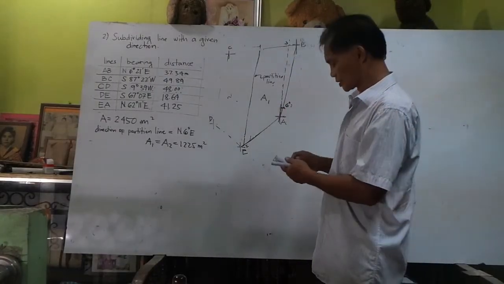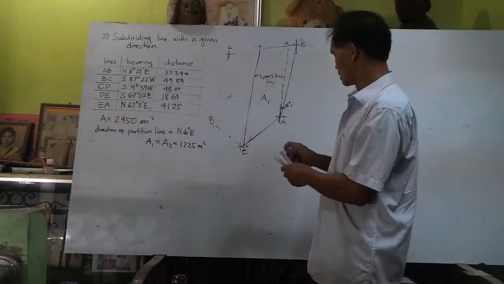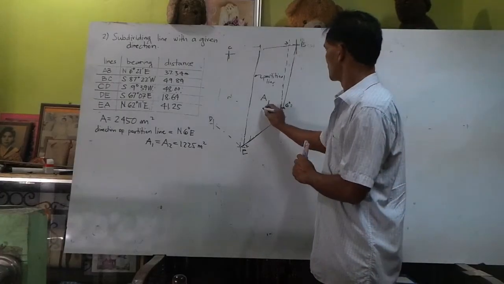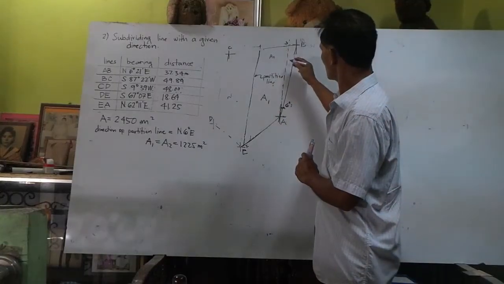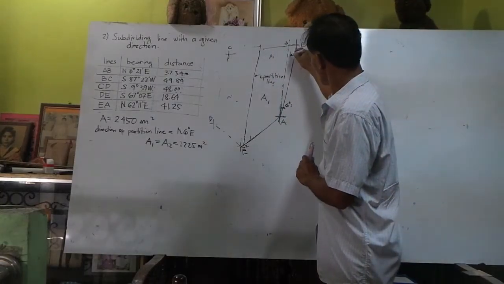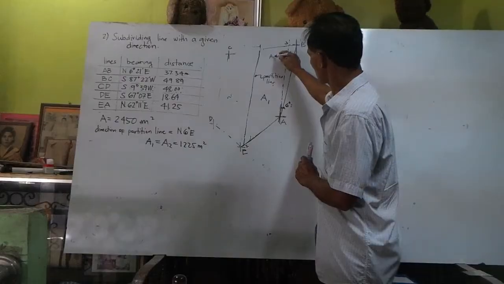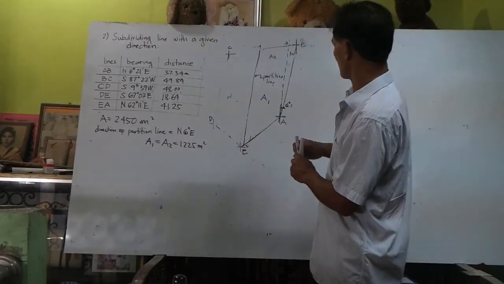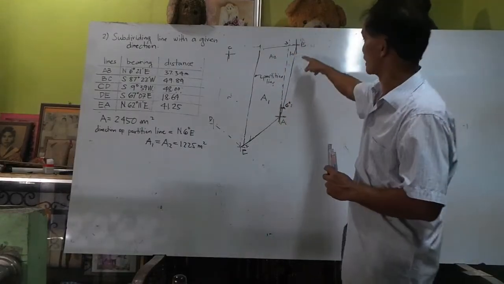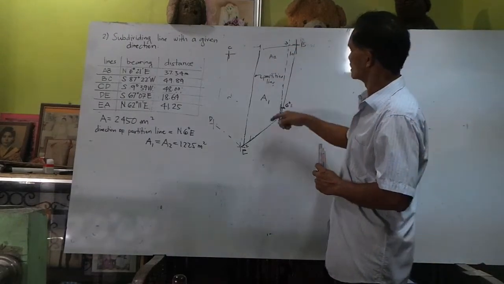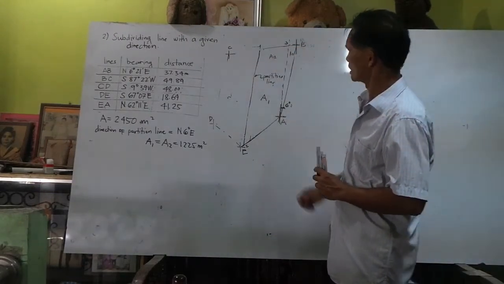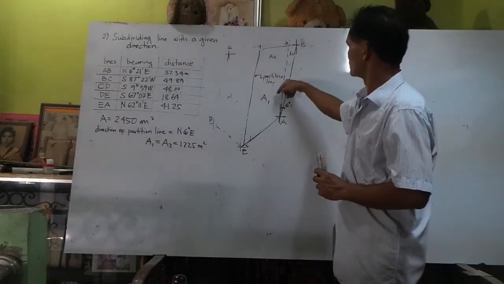So we have 2 figures. This is our area 1,1. Then this is area 1,2. So area 1,1 is the area of this triangle. Then the other area is the area of the trapezoid.